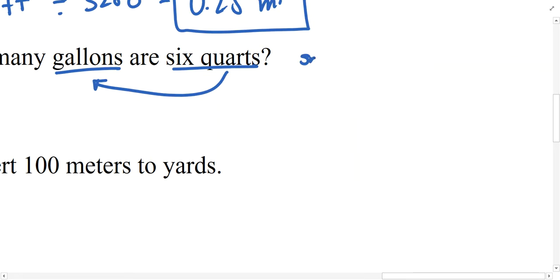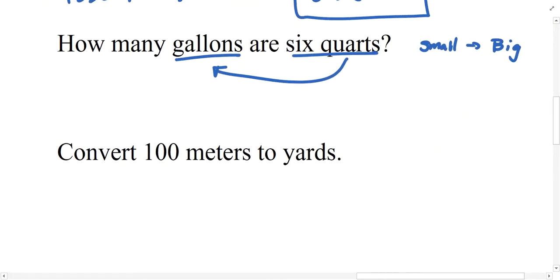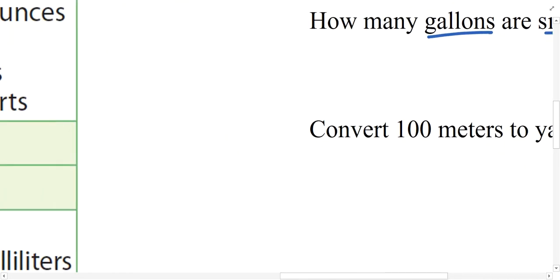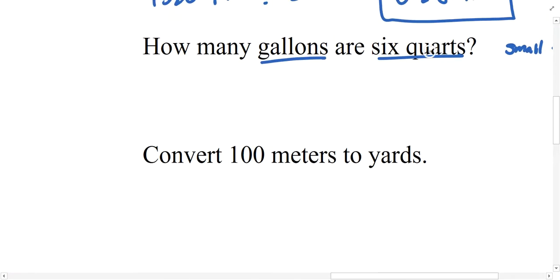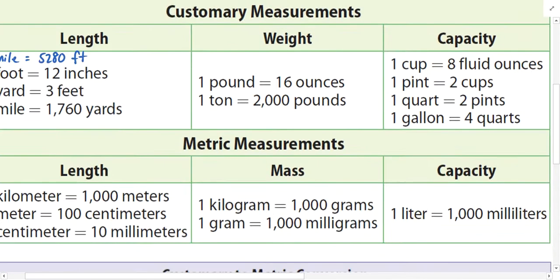Now, quarts are smaller than gallons, so we are converting from, again, a small unit to a big unit. So small to big means that we are going to divide, and unless you know how many quarts are in a gallon, you may have to look up our conversion factor.